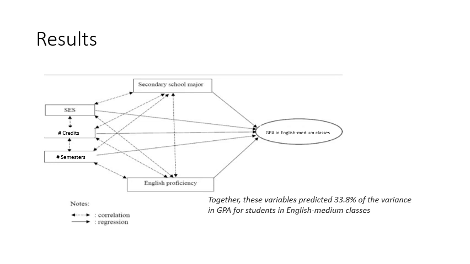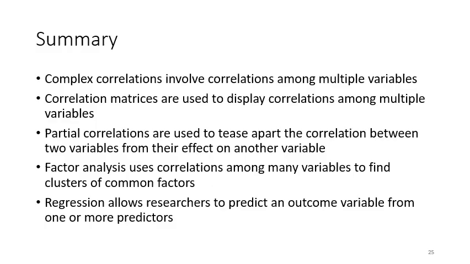And you can see that these are the factors that predicted English, but there was some overlap between these and the other factors. And in all, these variables predicted 33.8% of the variance in grade point average for students in English medium classes. So just an idea of how this is used in one study.